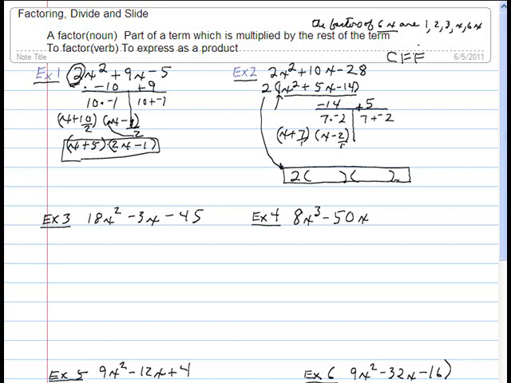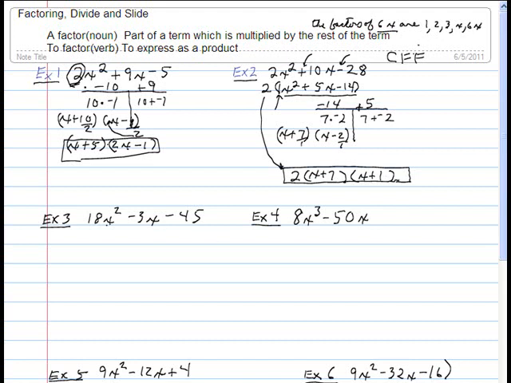Or if you want to say there's a slide, you could slide the 1 over, but there's already a 1 here, so that doesn't really change anything. So I get 2 times x plus 7 times x minus 2, and the second problem is factored. I started with the sum, and I ended with a product of 3 factors, 2 times the first bracket times the second bracket.